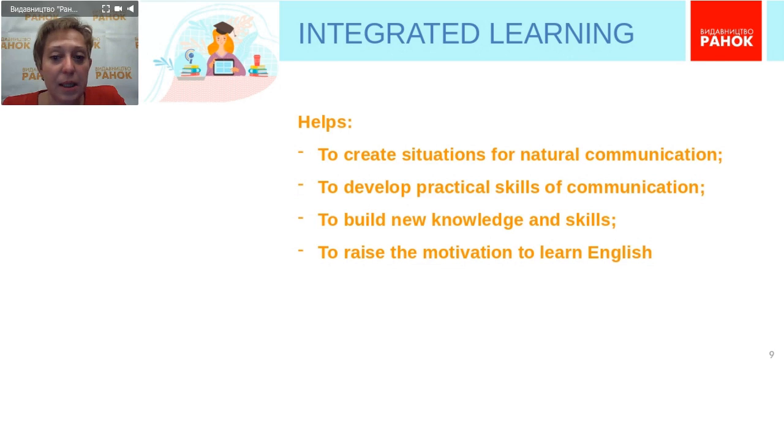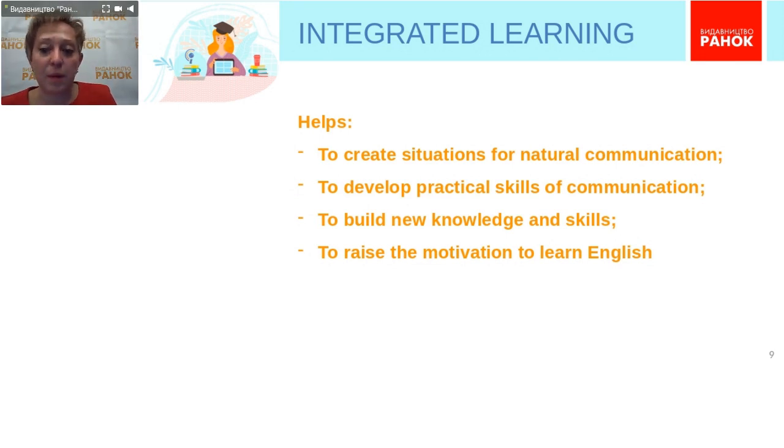So, as you can see now, we are really in for integrated learning, and it is important to say about the benefits of this approach. Of course, integrated learning helps to create situations for natural communication, because when we are in the classroom and we deal with different exercises, we try to create situations for our pupils to talk with each other.